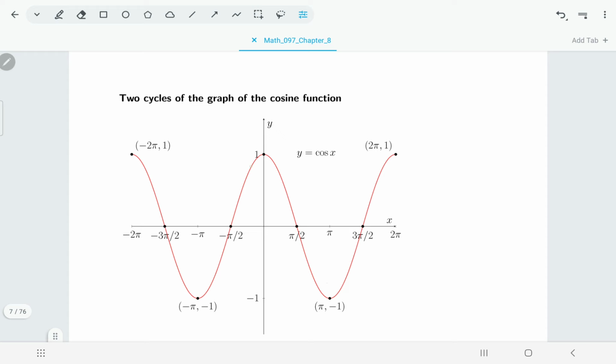It's been shifted to the left by pi over 2. And you'll be able to come up with all sorts of other ways to describe this exact same graph. That's one of the nice things about trig functions, but it's also one of the challenging things about them, that if I just give you a graph, there's not only one correct answer for what is the equation that gives that function.